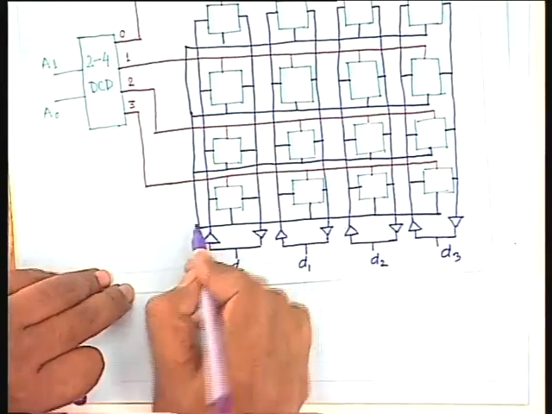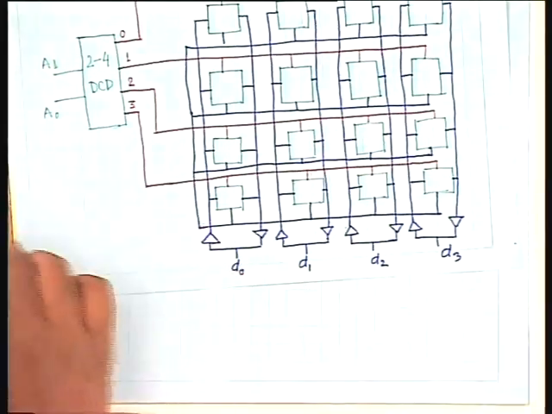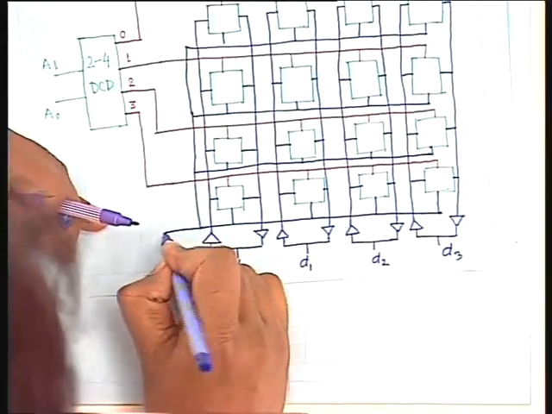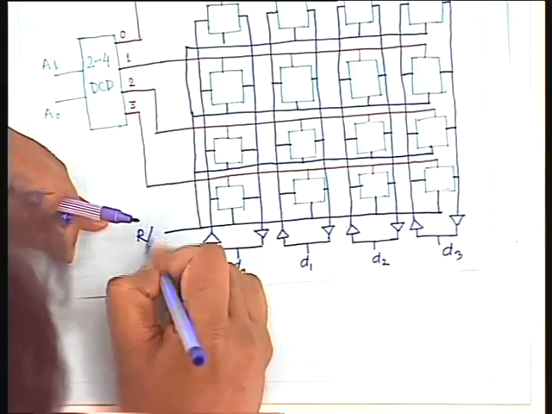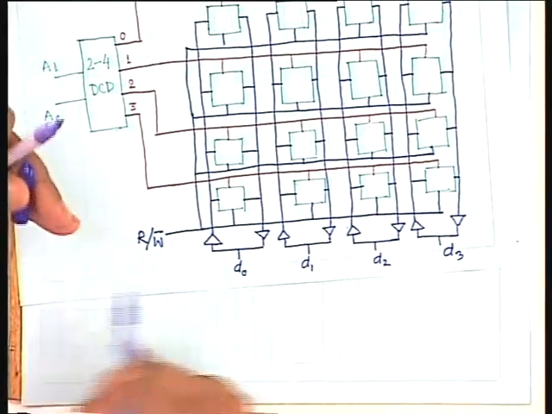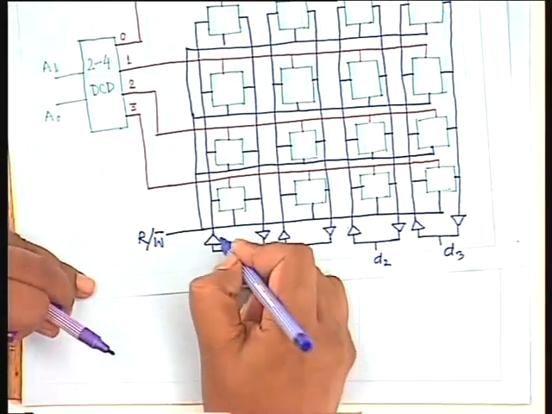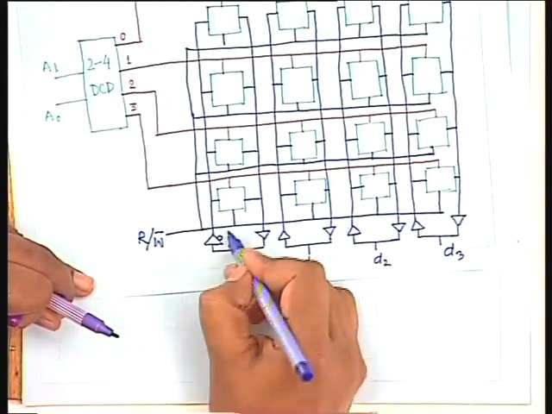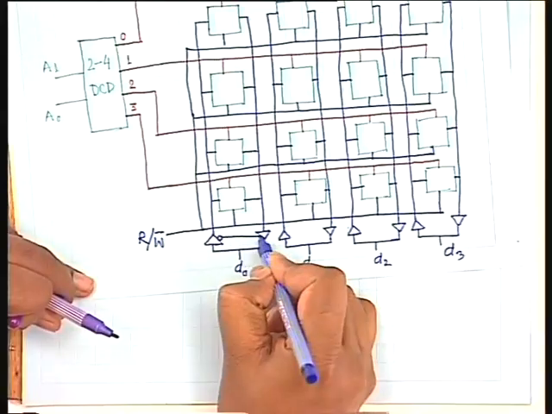And this is my read-write bar signal. If this read-write bar signal is low, then this buffer has to be active. If it is high, then this buffer has to be active.